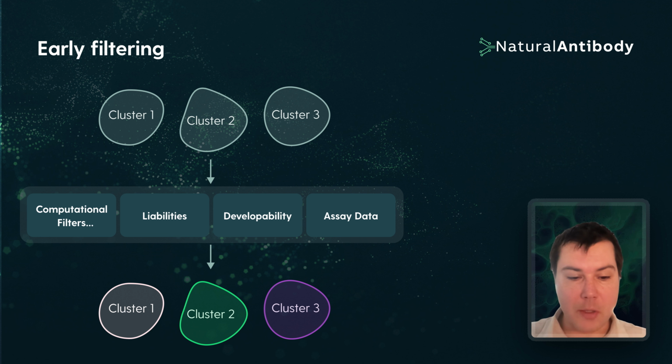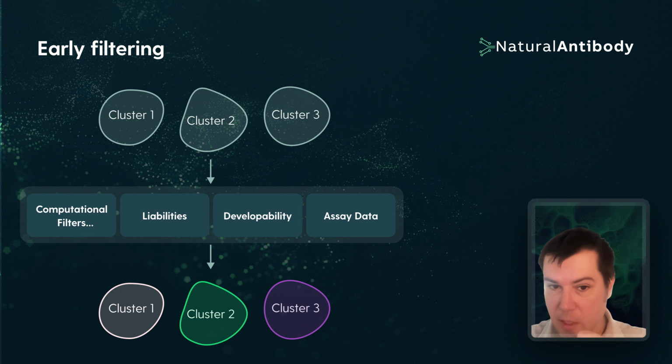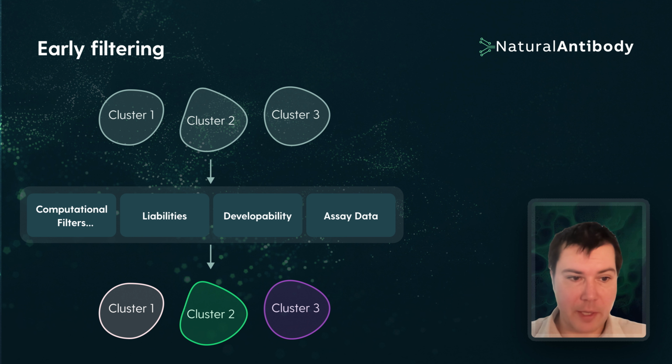But still, there is quite a wide variety of tools these days that allow you to look in your sequences, whether at the clustering stage or at a candidate selection stage, and tell you: are there any liabilities? Are there any obvious developability issues, predicted computationally? And of course, you can compare them to your own assay data, if you already have that.